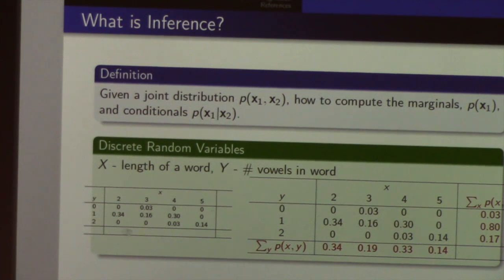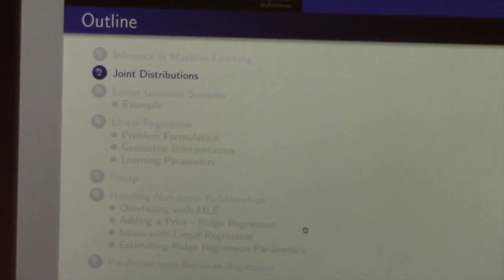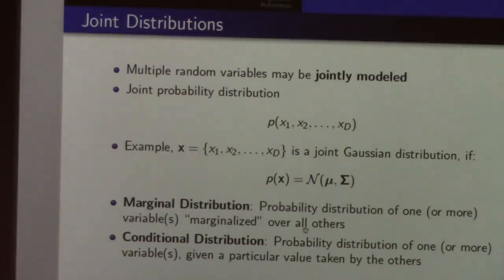So in that case, instead of expressing it as a table, which is not possible, you would express it as a probability function. You would assume some form of the joint distribution and use that to express it. You might wonder why we are looking at this right now, but that's just to set the stage. Any questions so far?